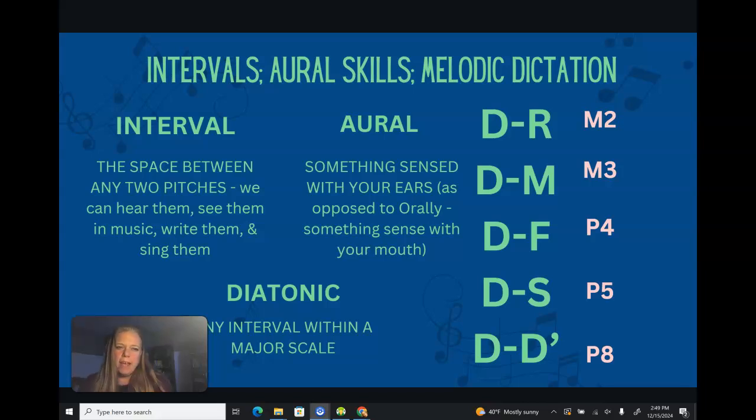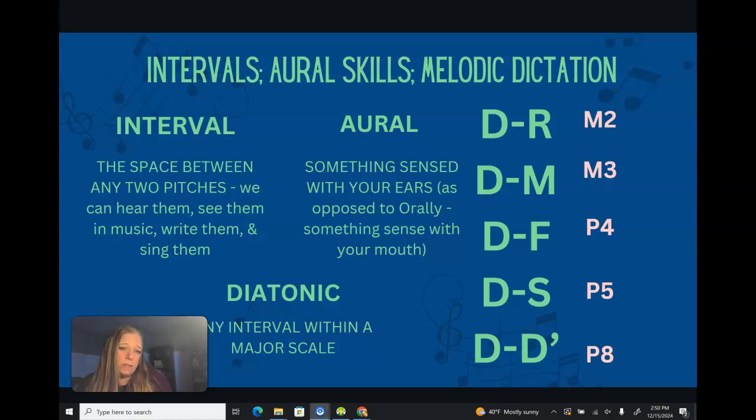And the big letter M means major. Major second. Do to mi is a major third. And then we have intervals that aren't major, but are called perfect. Like do to fa, do to so, and do to high do.